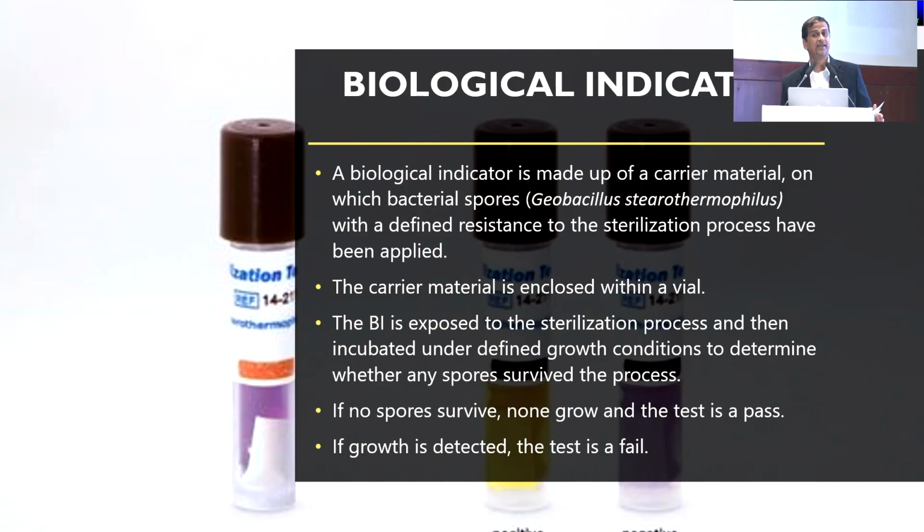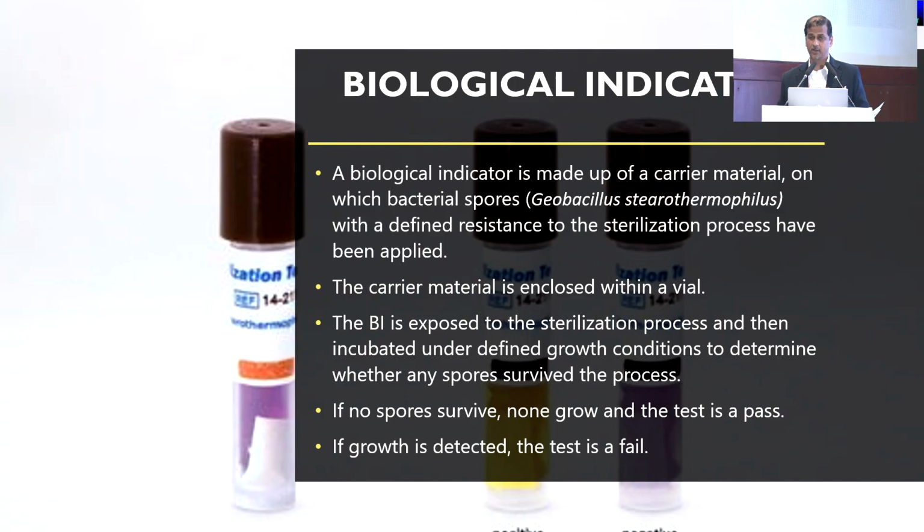The biological indicator: the common question we come across is how frequently should we use a biological indicator? See, according to the US ANSI norms, every cycle should have a biological indicator, because this is the only indicator which tells you that the entire load is sterile.